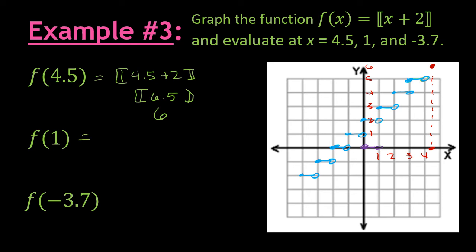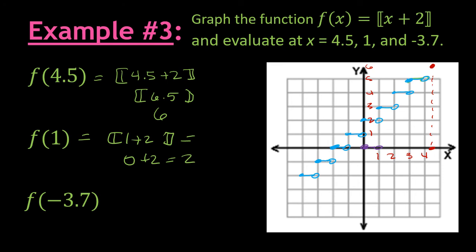All right, f of 1 is going to be the greatest integer of 1 plus 2. The greatest integer less than or equal to 1 is going to be 0. And so when I take 0 and I add 2, I get 2.